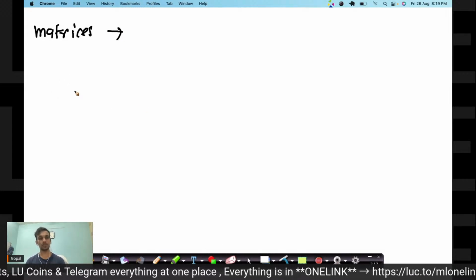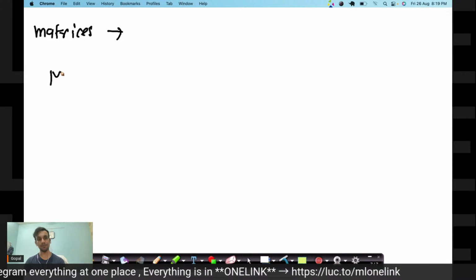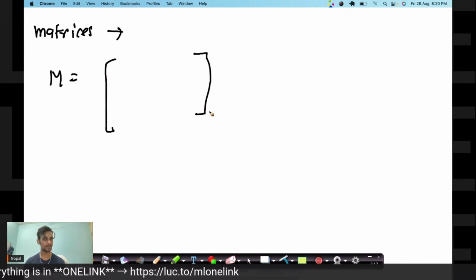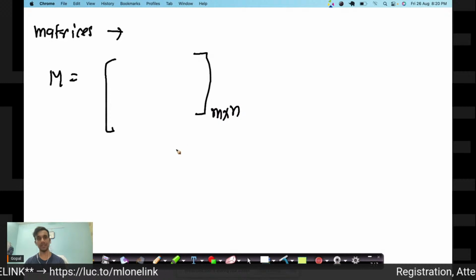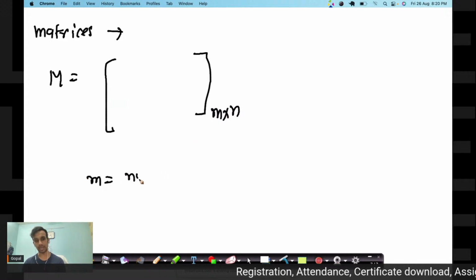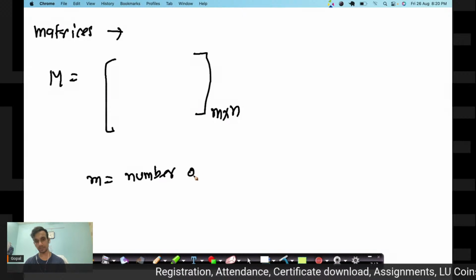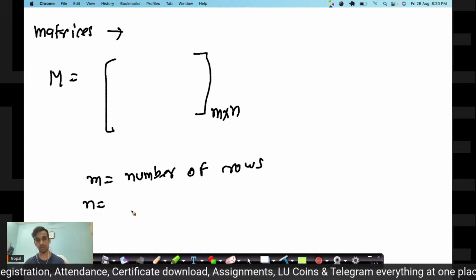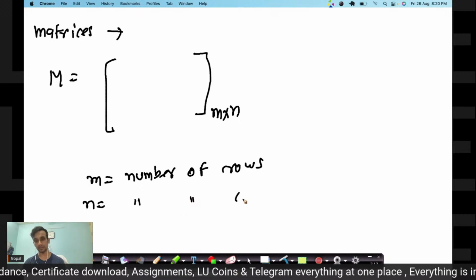When I say matrix, a matrix can be represented as M cross N, where M is the number of rows and N is the number of columns.